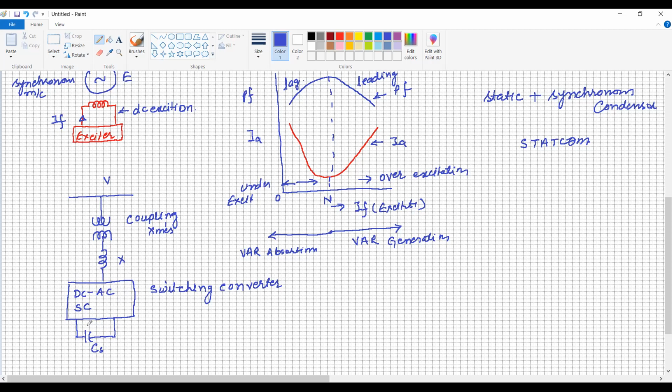Now in this case, there are two types. The converters may be a voltage source converter, and second is the current source converter.